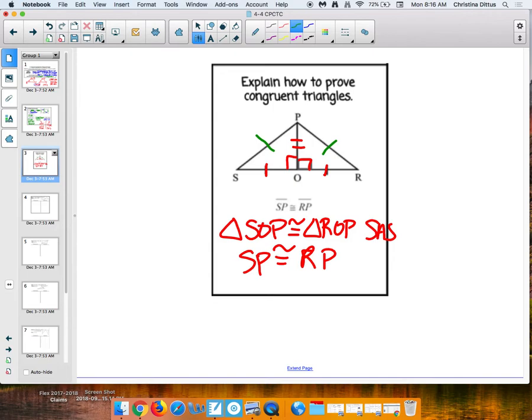CPCTC. Once you have triangles, you can say anything else in those triangles are congruent, because the triangles are congruent. It doesn't have to be angles, it could be sides too. It doesn't just have to be angles.